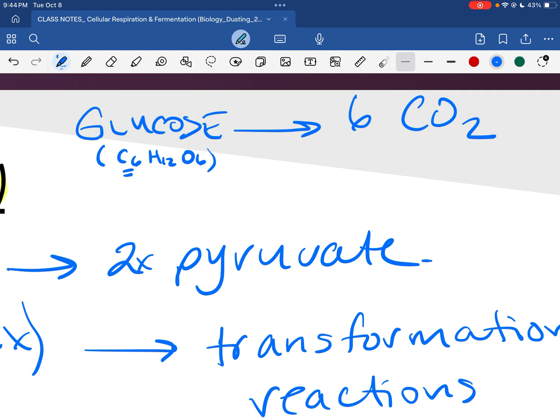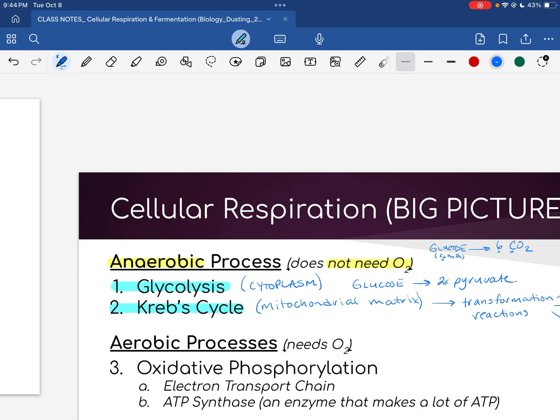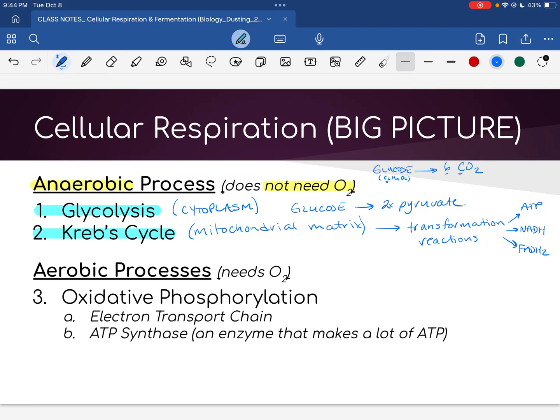And those 6 carbons from glucose get split into 6 carbons in carbon dioxide. But you can see that no oxygen has been used in those first 2 steps, right? So no oxygen has gone in. Right now we're taking glucose as a reactant, and we're producing carbon dioxide. We're breaking this down into 6 carbon dioxide molecules.